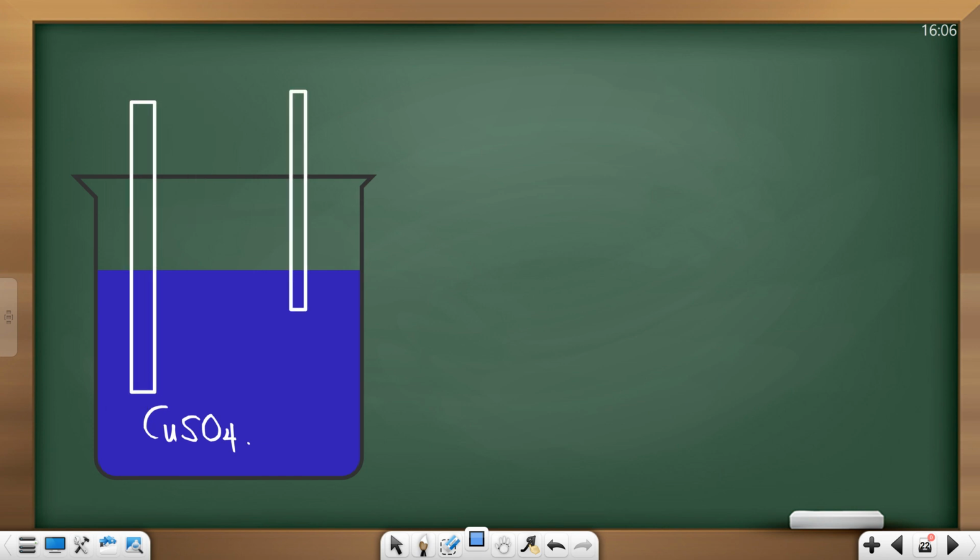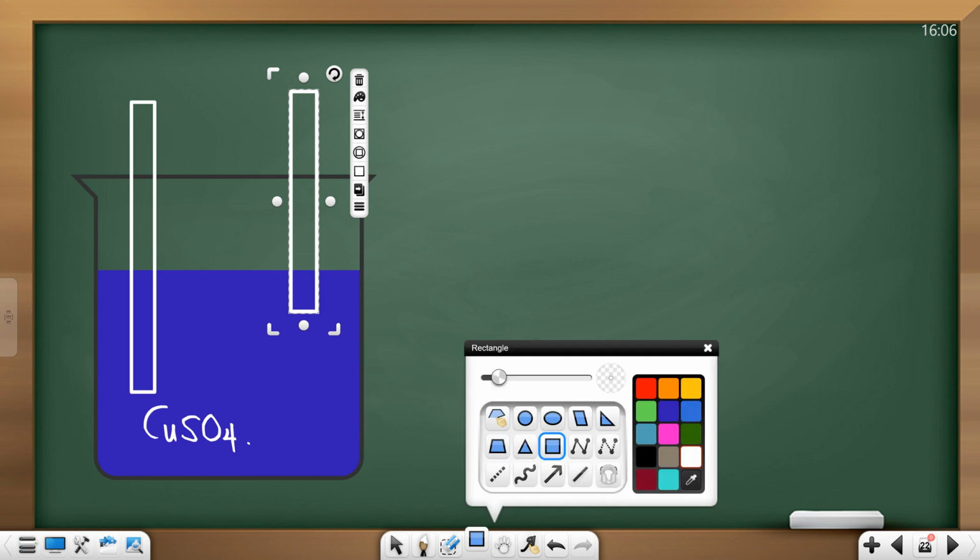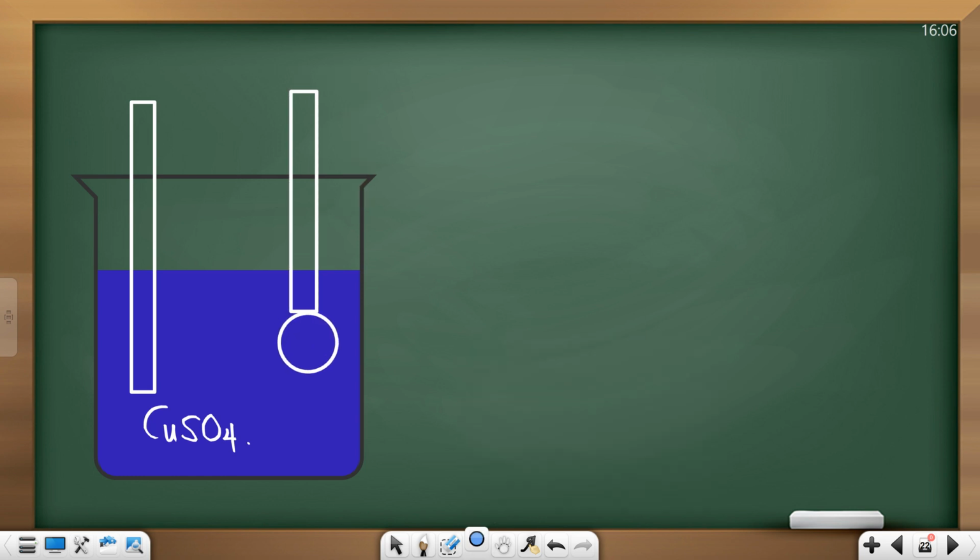And whatever I want to electroplate, I'm going to put it here. So I want to electroplate a ring. Remember, this has to be copper now. And that is my ring to be electroplated. Whatever we want to electroplate should be the cathode.